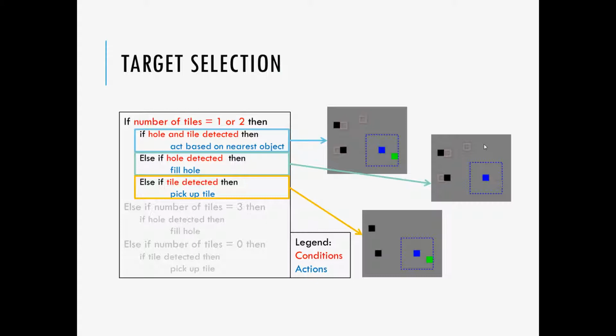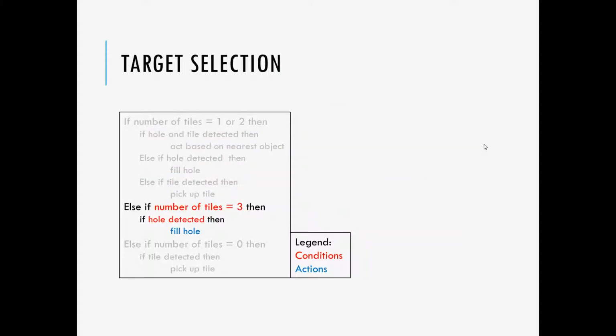Otherwise, if either only tiles or only holes have been detected, the agent will proceed to the respective object that was detected. In the second scenario, the agent is carrying exactly 3 tiles, and if a hole has been detected, the agent will proceed to it. And in the third scenario, the agent is not carrying any tile, and if a tile has been detected, the agent will proceed to it.